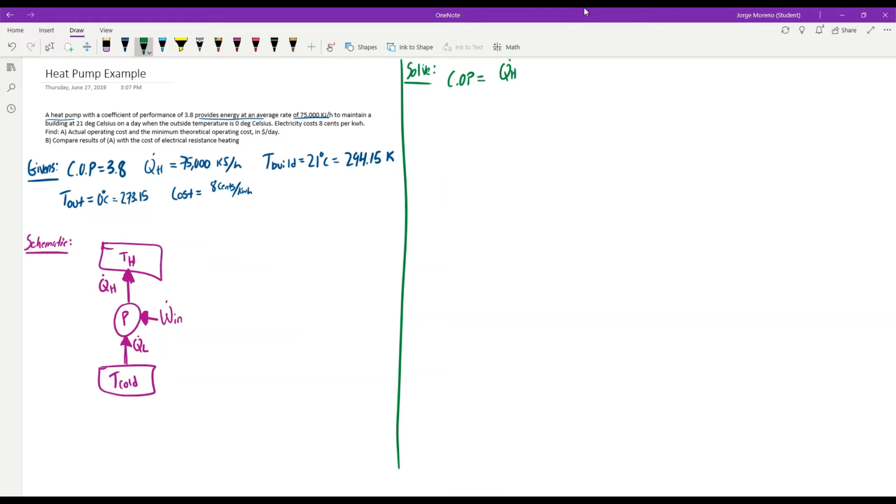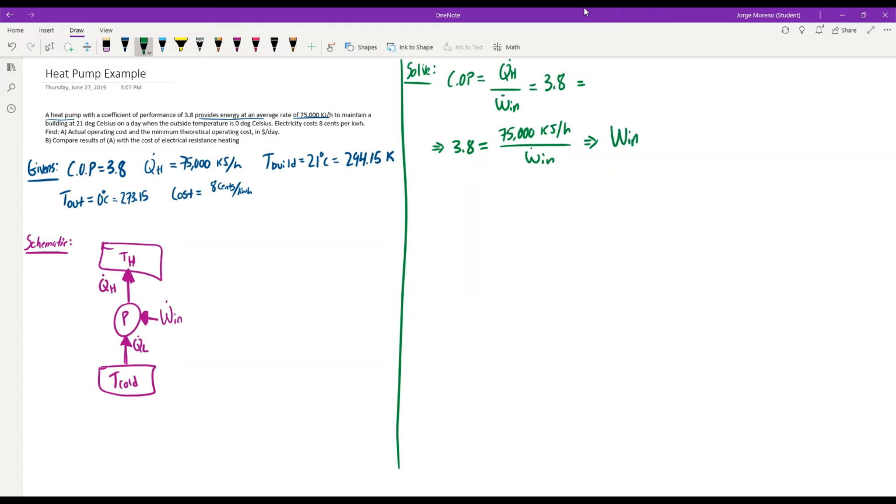So therefore QH over input work we know is 3.8, and we know the value of QH. So we should be able to solve for W in now. And we can go ahead and do so.